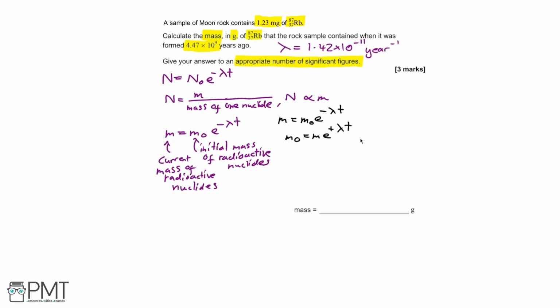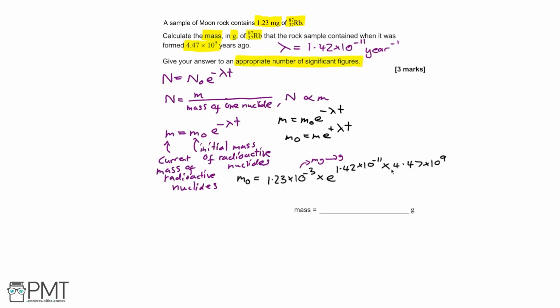Therefore, what we can say is that we have m0, substituting in, is equal to 1.23 times 10 to the minus 3. Now this comes from converting milligrams to grams, because we've been asked to write our answer in grams and not kilograms, as would be traditional for the maths, multiplied by e to the decay constant, 1.42 times 10 to the minus 11, multiplied by the time that we've been given in years as 4.47 times 10 to the 9.